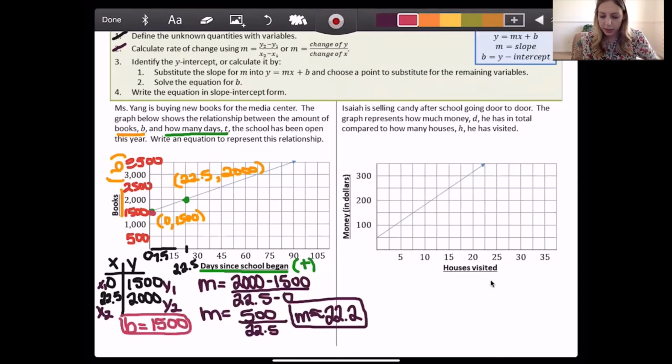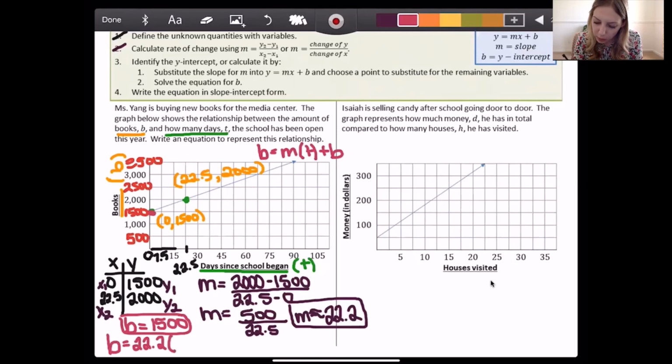So when I write this as an equation, my y value was books, so books equals my m times my days since school began, t, plus my initial value, b. We don't know how many books, so we're going to write b equals my slope, my m was about 22.2, times time.